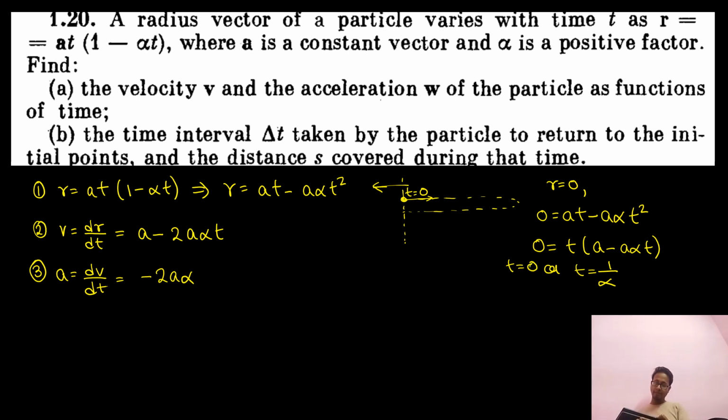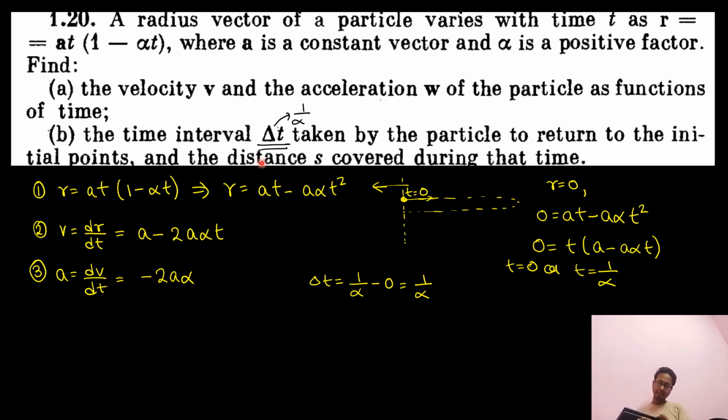So the time taken, or delta t, is equal to 1 by alpha minus 0, which is equal to 1 by alpha. The time interval taken here is nothing but 1 by alpha, the time taken to return to its initial position.